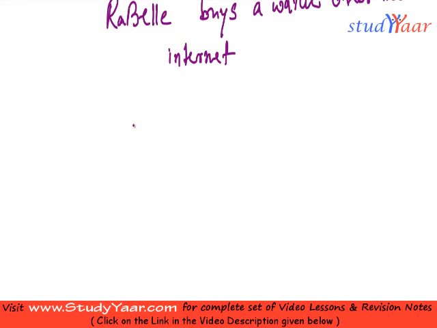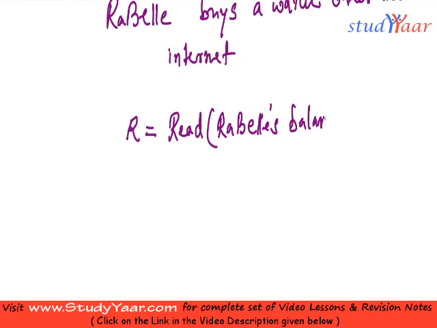So, our operations would be something like, let's suppose we have a local variable R, and in this we first read Rebel's balance. Then I would say decrease the balance by 5,000.